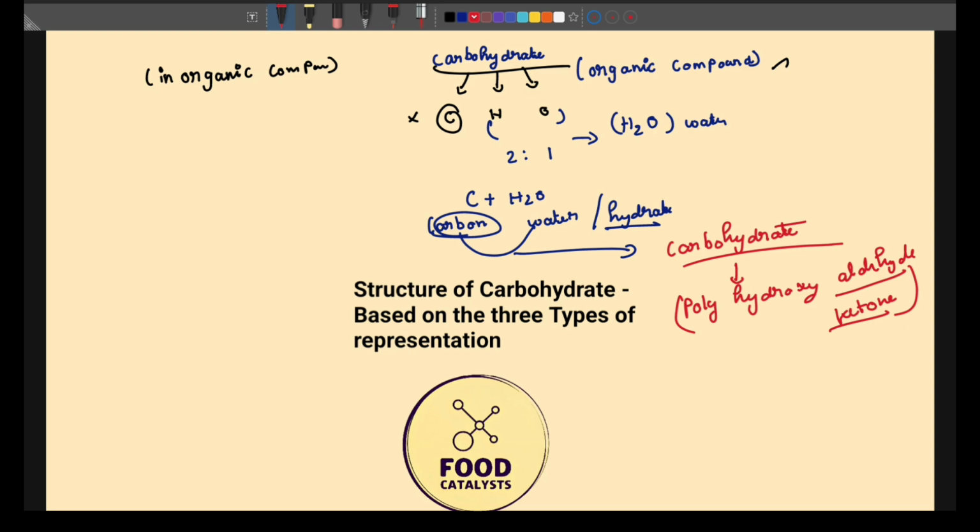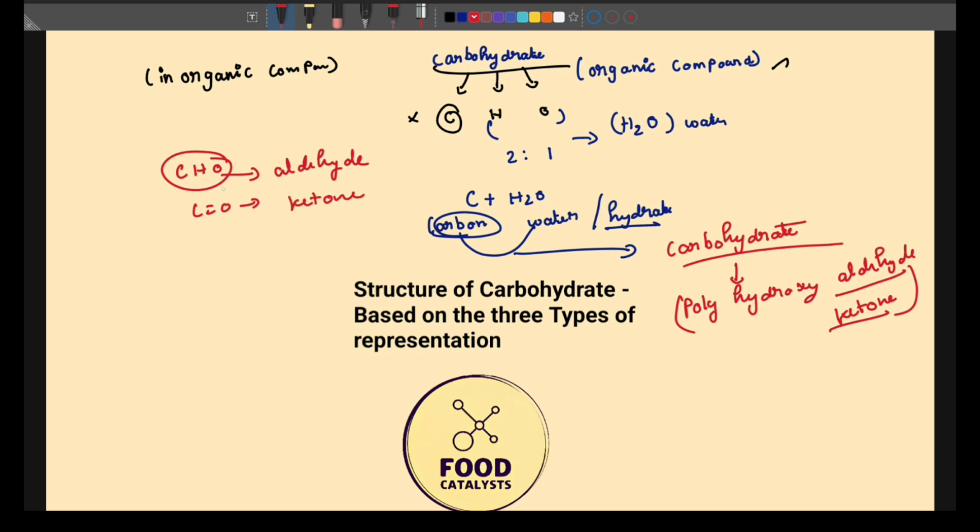So that's the carbohydrate. And there is one more thing, CHO. The term CHO is called an aldehyde, and C double bond O is a ketone. All the chemistry people already know that.